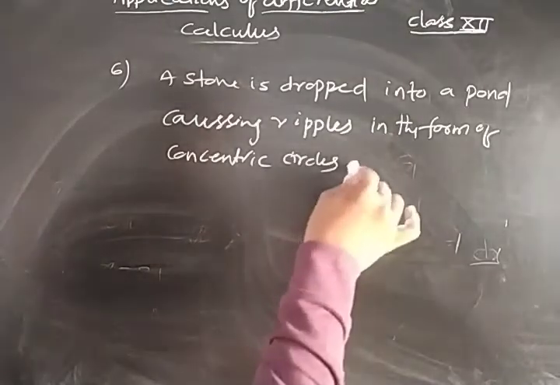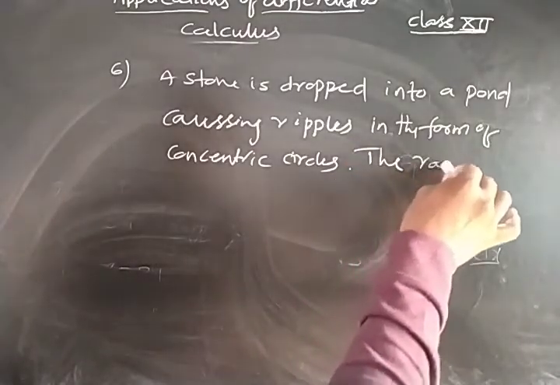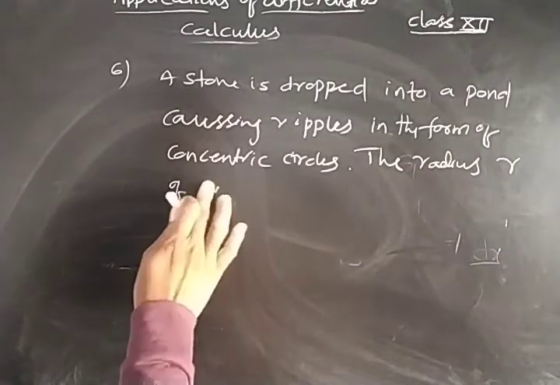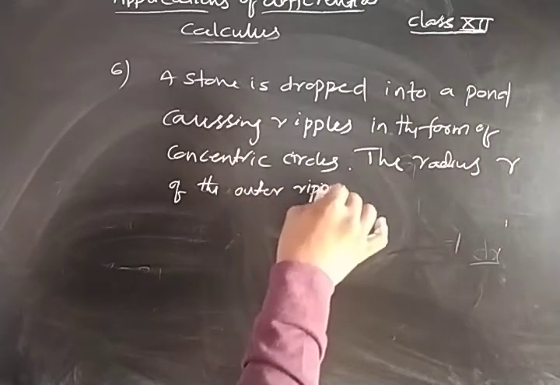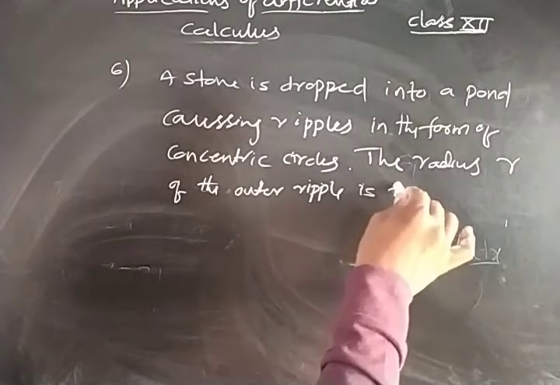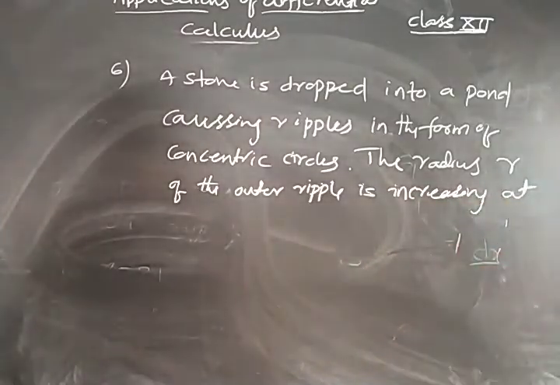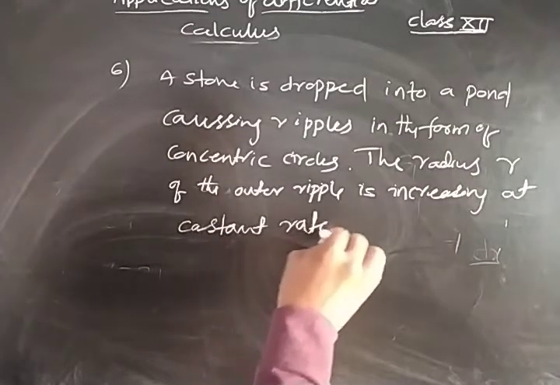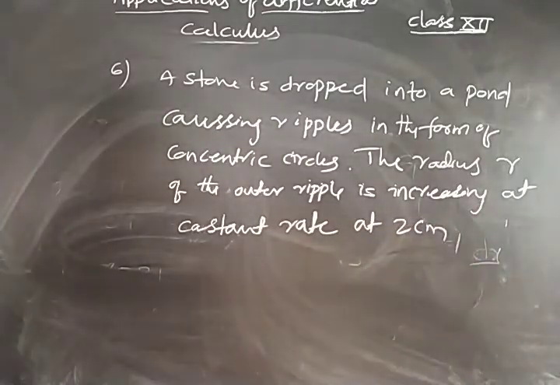The radius r of the outer ripple is increasing at a constant rate, at 2 centimeters per second.